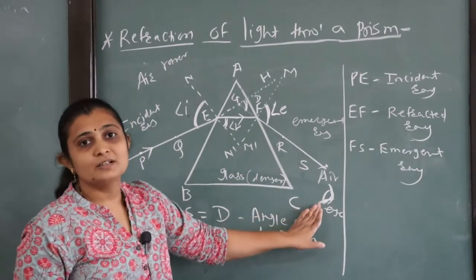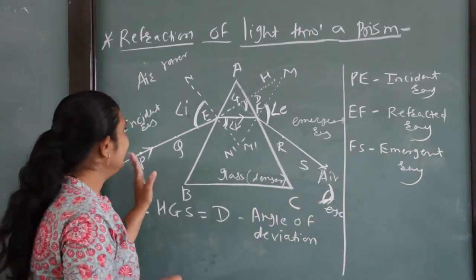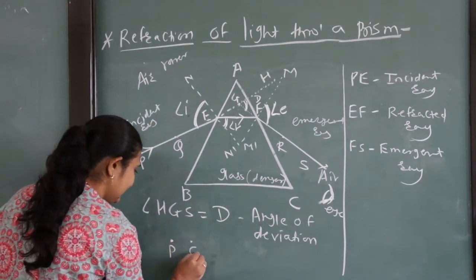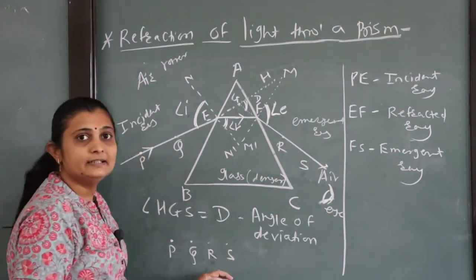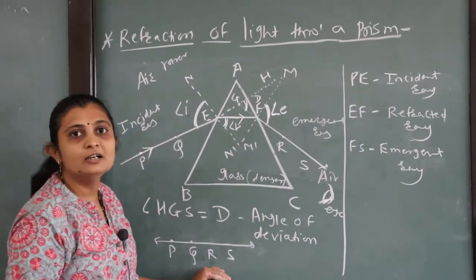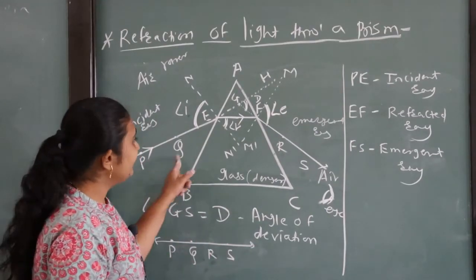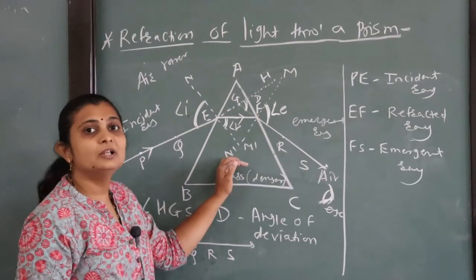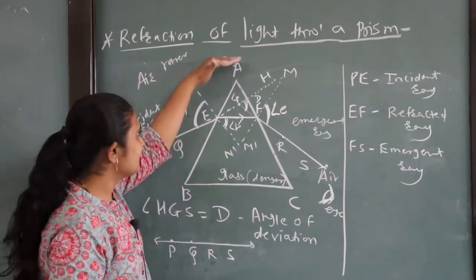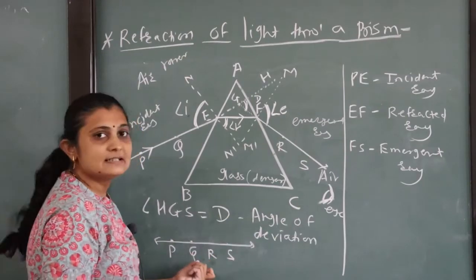Then if you observe from this direction, you can observe that these pins P, Q, R, S are on the same line. Why do you see all the 4 pins on the same line? Due to the refraction. Due to the prism there are 2 refractions, one from surface AB and the other from the surface AC. Understood? This is the experiment.